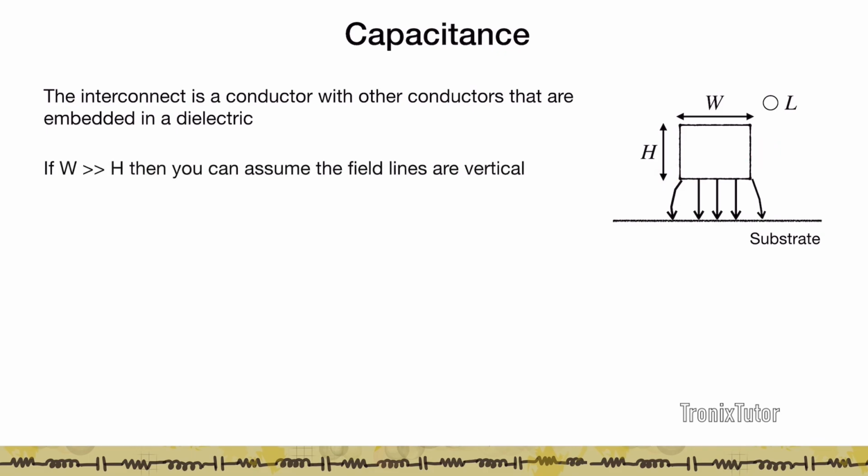If W is much larger than H, then looking at the field lines between this metal line and a metal or a substrate that lies below, we can model this approximately as a parallel plate capacitor, with the interconnect capacitance given by the dielectric constant of the dielectric in which the interconnects are embedded, divided by the thickness between the two interconnect layers, times the cross-sectional area.